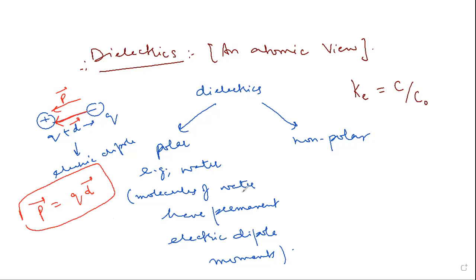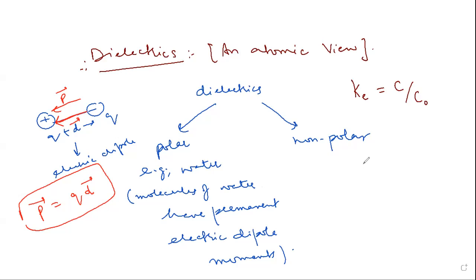So a polar dielectric like water has the property that its molecules have a permanent electric dipole moment, which comes from its structure. Now, in the case of polar dielectrics, what happens when we place the dipoles in an external electric field?